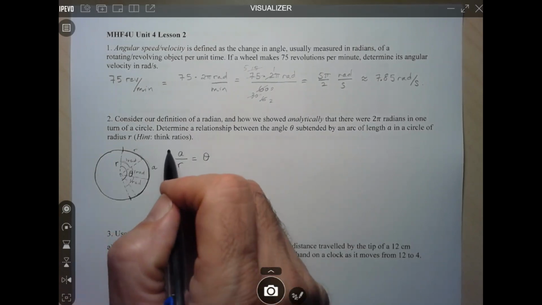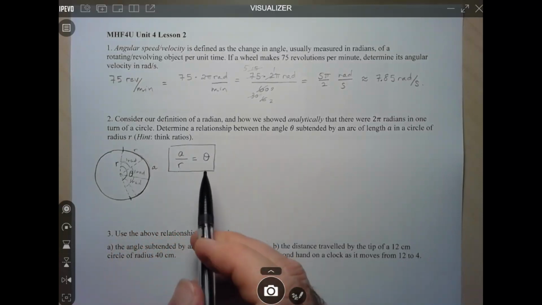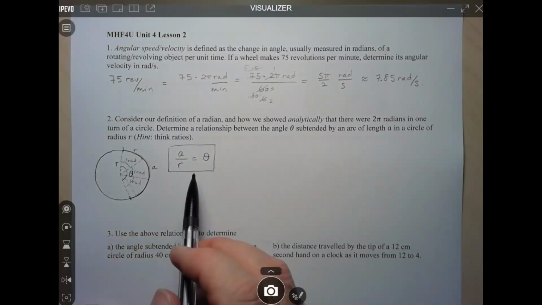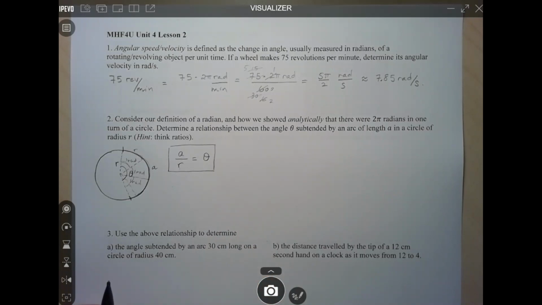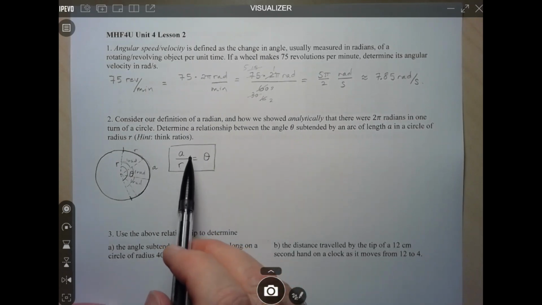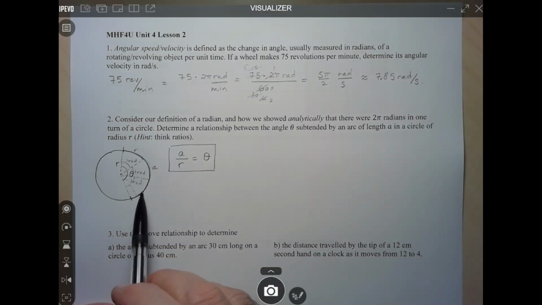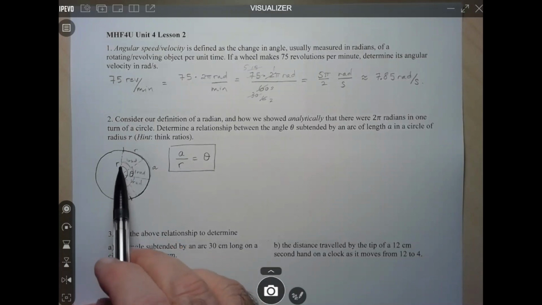We have this relationship here. And in fact, sometimes this is used to represent the measurement in radians. Essentially the angle in radians is represented by the arc length that produces this angle divided by the number of radii.